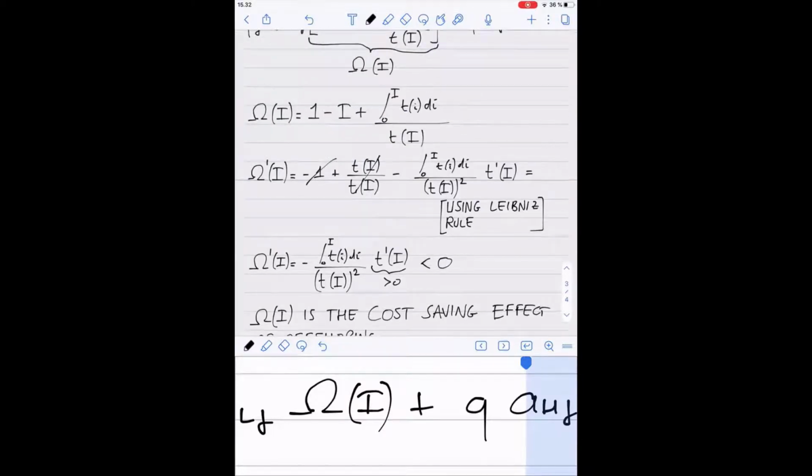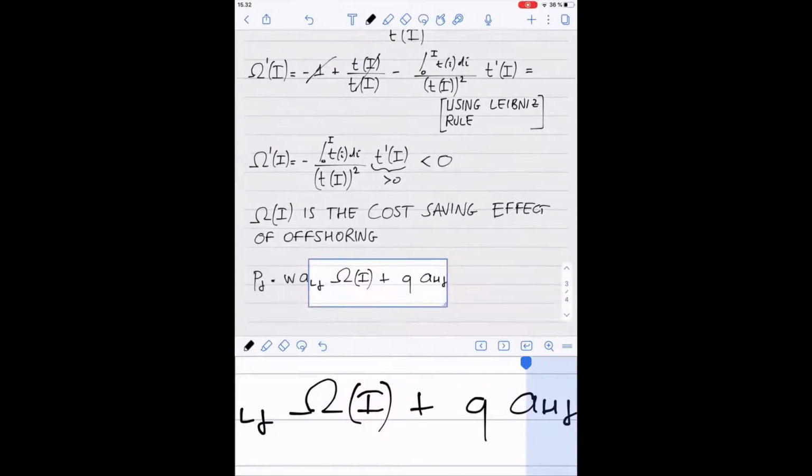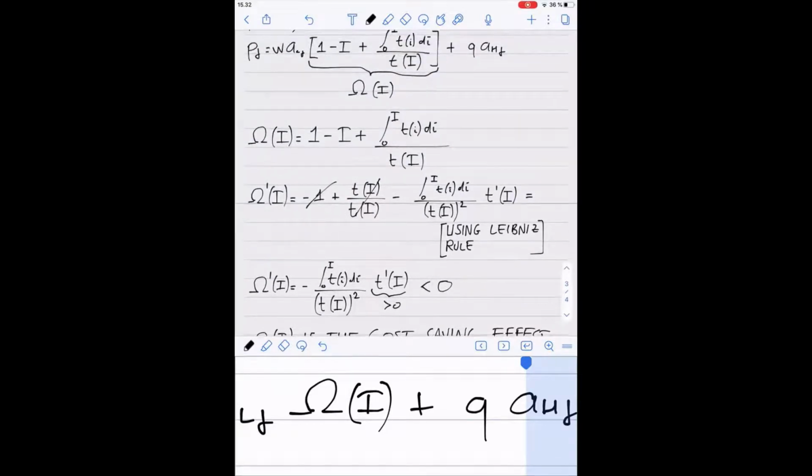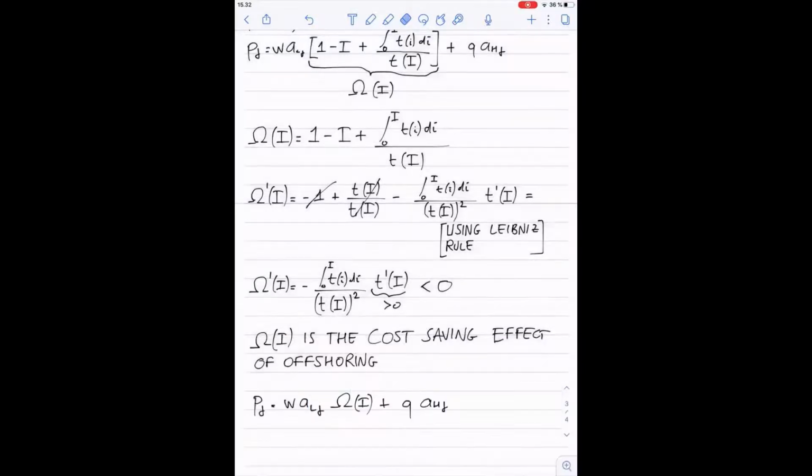I mean, that makes sense, right? Because otherwise, if it were greater than 1, you would have a lower unit cost if you were to produce everything at home. But that is not what's going on. And if you just look at the definition of omega I, you clearly see, right? Since 1 minus I is less than 1, this term is less than 1. And also this ratio here is always less than 1. And so when you integrate it, it's going to be smaller than capital I. And so we know that omega of I is less than 1.